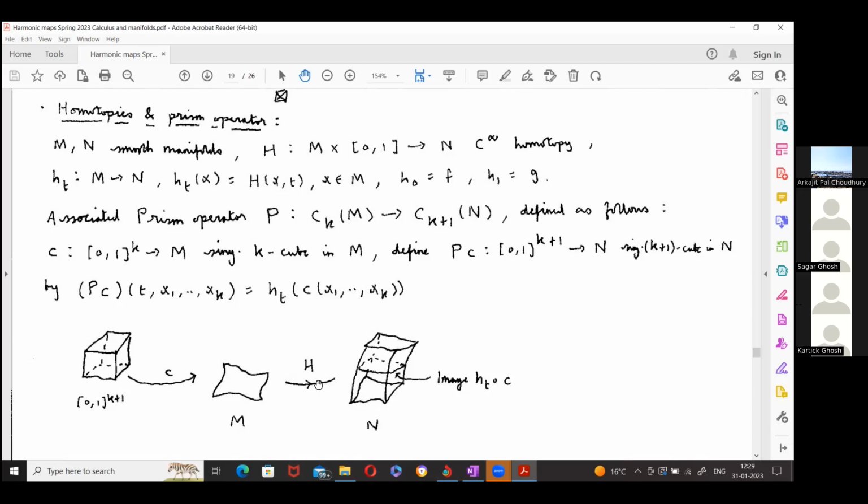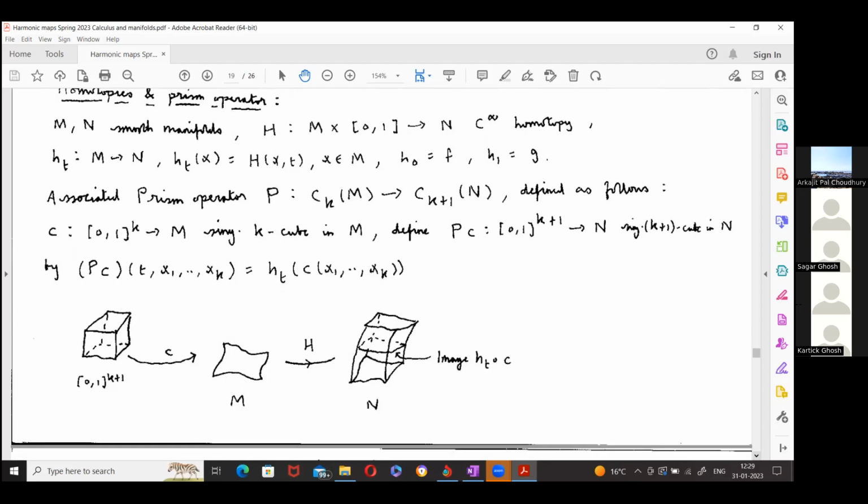You map this k-cube over to N and flow it along with time. So the slice of the (k+1)-cube at height t will map to H_t composed with c. Is the picture clear? Yes, sir.